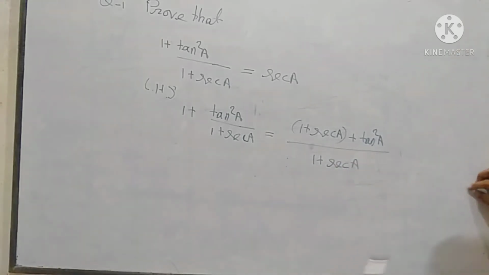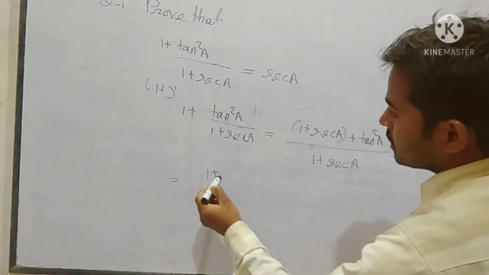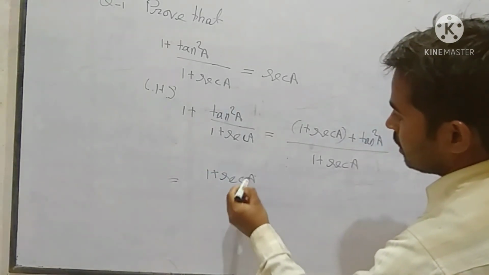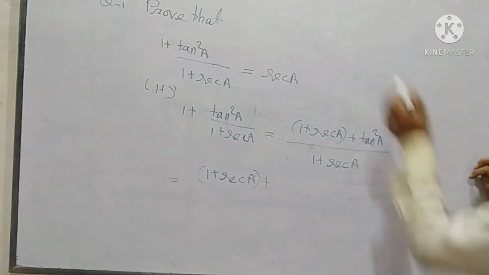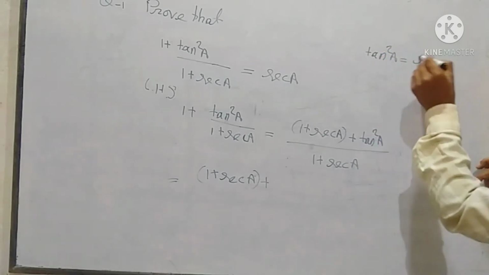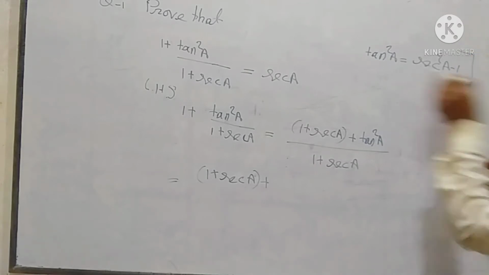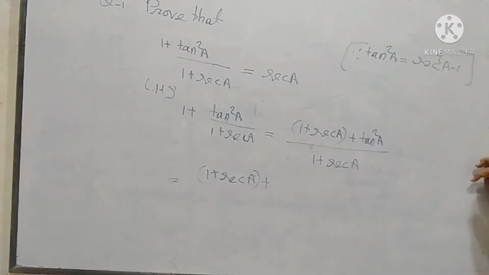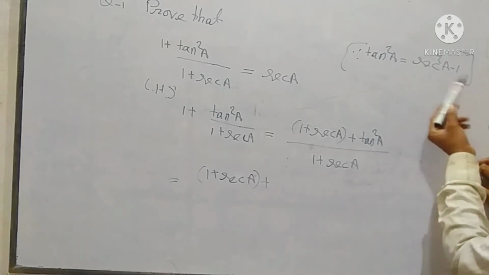So 1 + sec A + tan²A. This is a formula, so we can write tan²A = sec²A - 1.